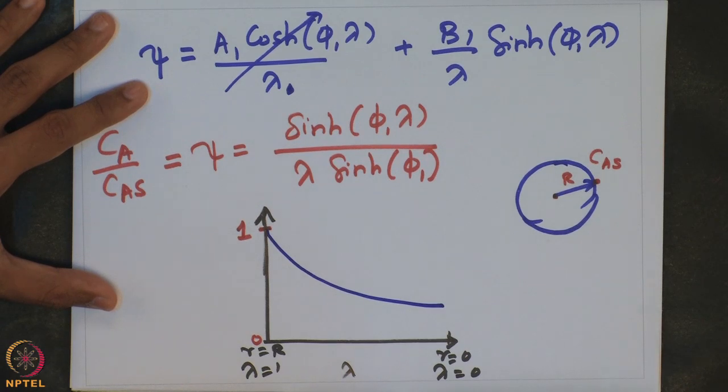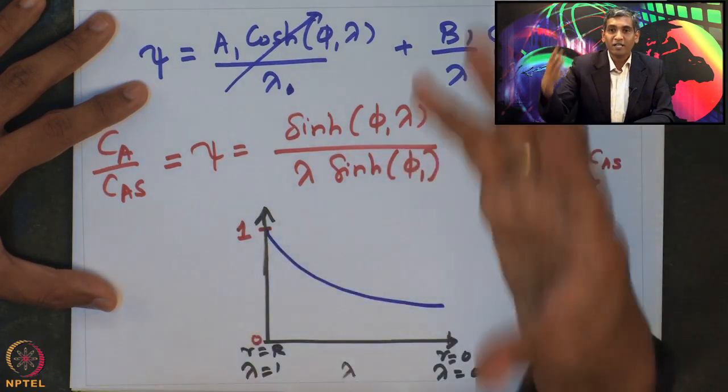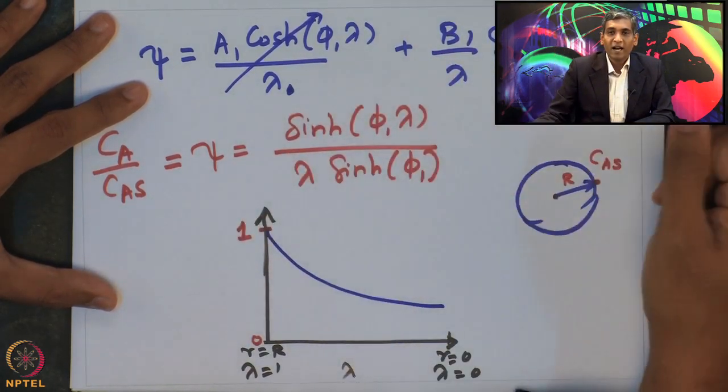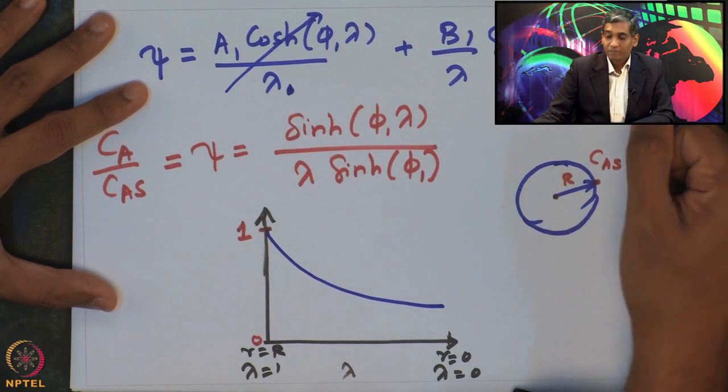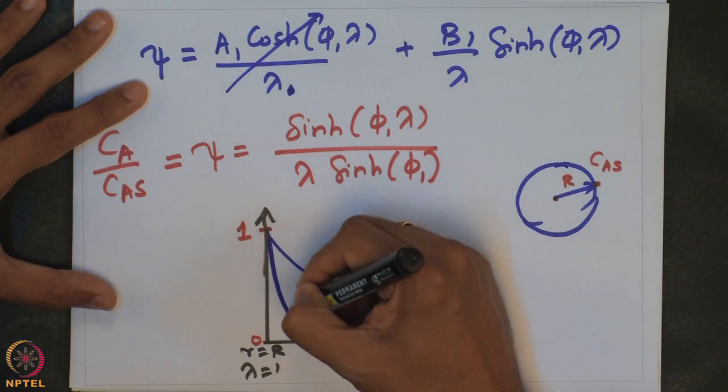Now suppose I increase my Thiele modulus. For a very large Thiele modulus, which means that diffusion is controlling the overall reaction rate, the typical profile that one will observe is this.